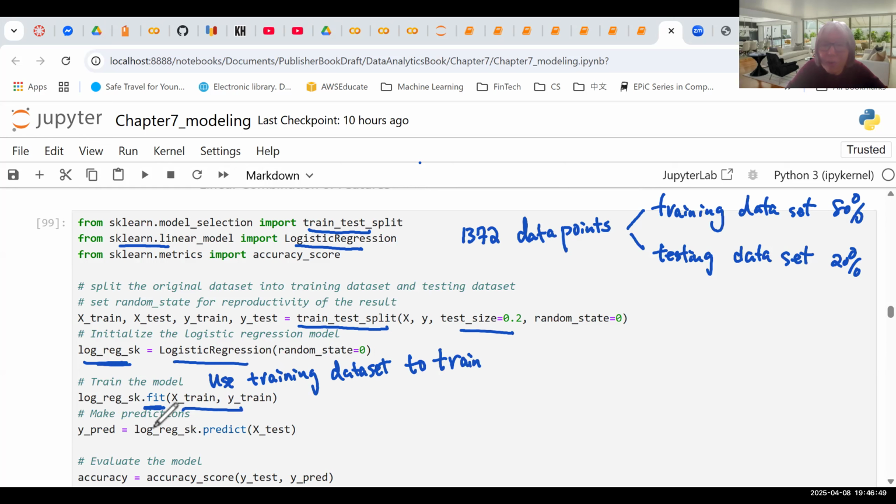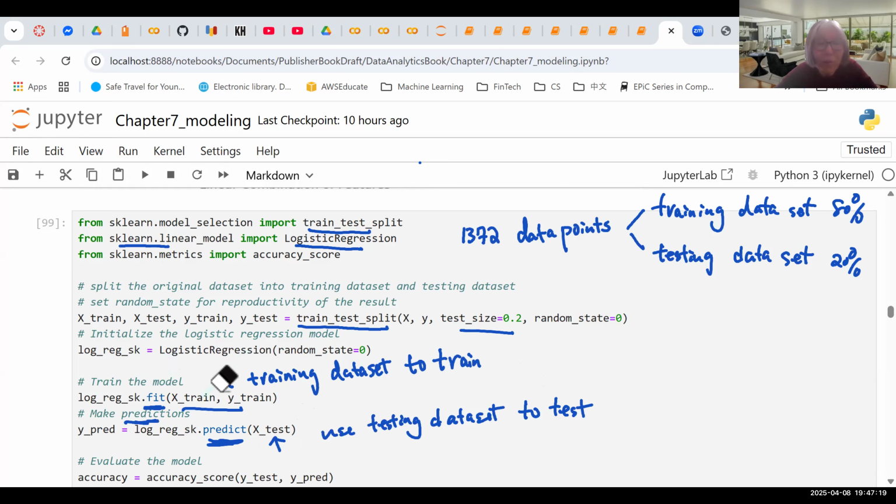After that, when you do prediction, we use the testing data set to test the model's accuracy and some other performance metrics. So be careful: when we do predict, we use the testing data set. After that, you can evaluate if the model is good or not.